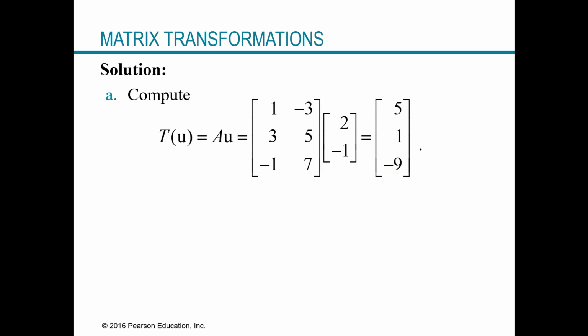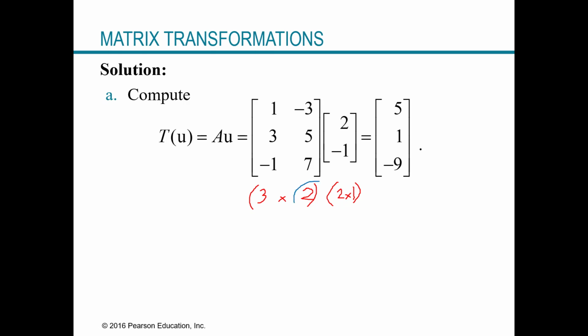So I want to show you something real quick for how you know what size vector you're going to get as a result from this multiplication. So our matrix A is a 3 by 2 matrix, 3 rows, 2 columns. Then our vector U is a 2 by 1 matrix. And so when we multiply them, let me first remind you of how to make sure you're even able to do this multiplication. Recall that the columns of your first matrix have to match the same amount of rows of your second matrix or vector.